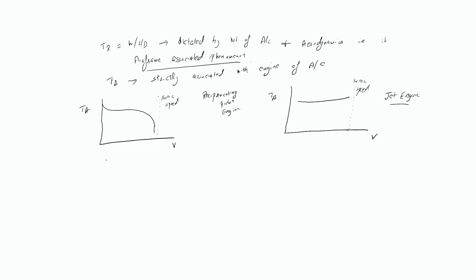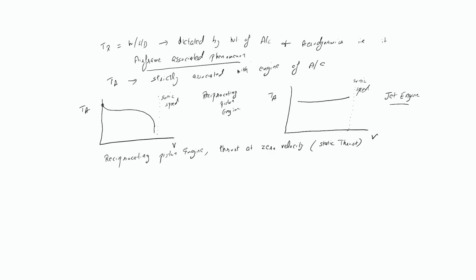So let me write a few points here for the reciprocating piston engine. Thrust at zero velocity, so that means here at this point, is also known as static thrust.